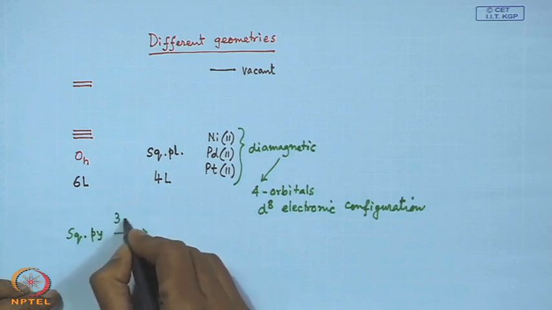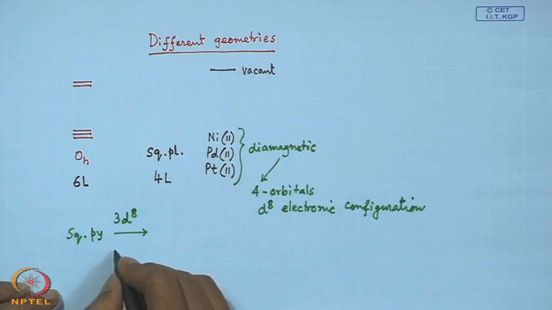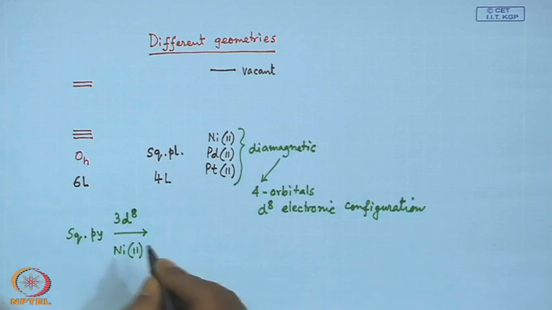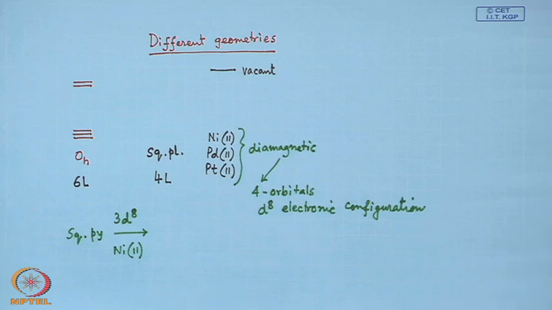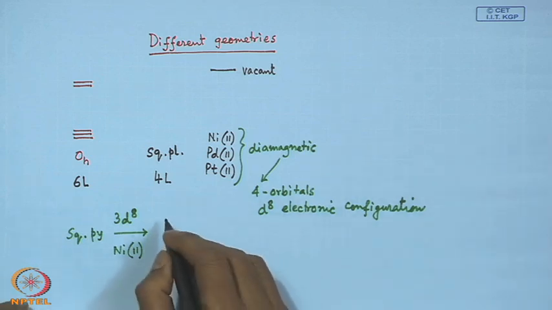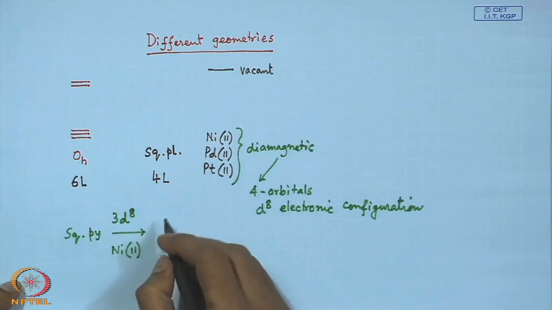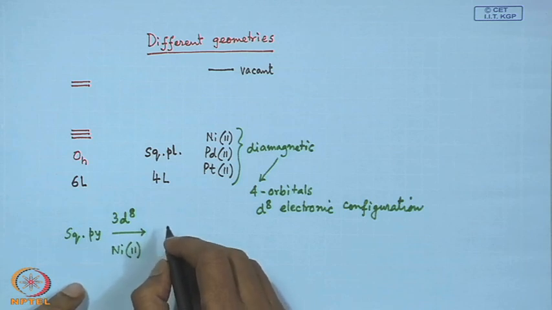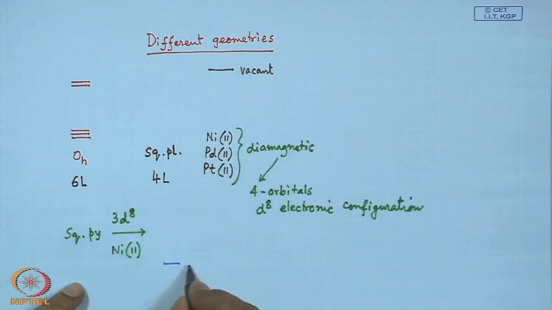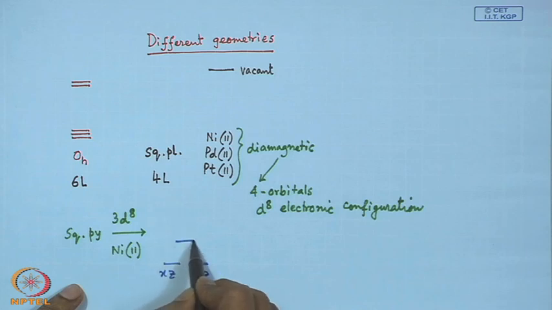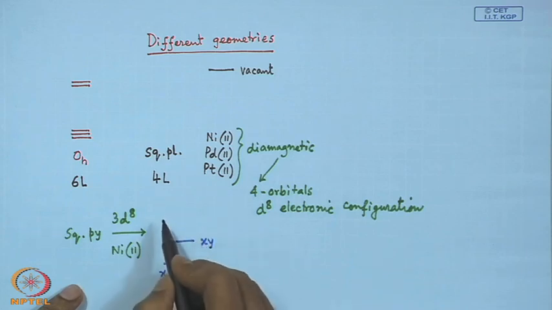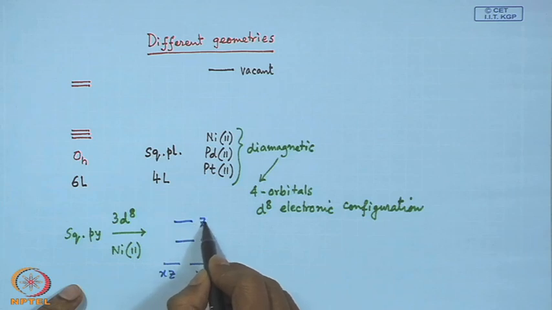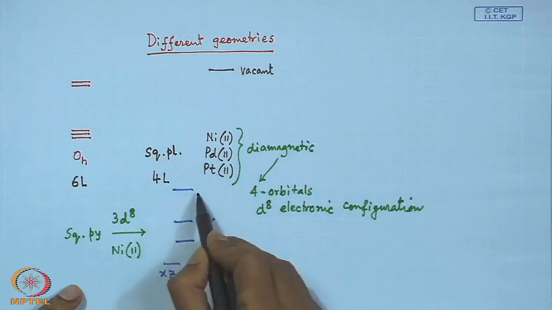If it is, say, for nickel 2 plus, which is 3d8, this 3d8 situation can be tackled very nicely if we just consider the levels as xz and yz, then we have xy, then z square.